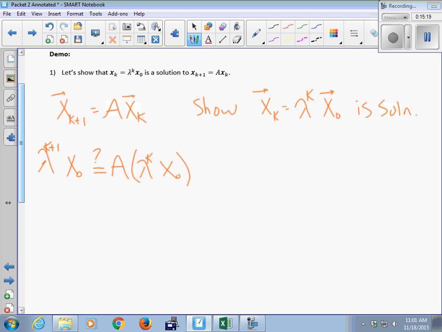All right, so I'm going to do some manipulation mostly on the right-hand side here. I'm going to pull out λ^k. So λ is a constant, k is a constant, so λ^k is a constant. And when you're dealing with matrix and vector multiplication, constants can be moved at any point. So I'm going to pull it out to the left. So this becomes λ^k times A x_0.